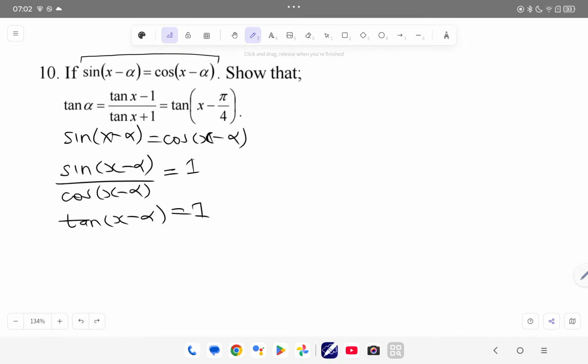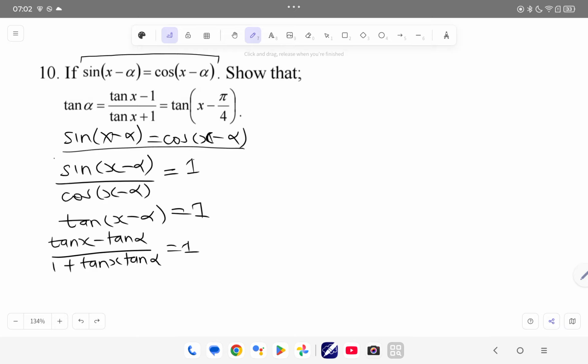Note that here I've taken one approach. Another one can first move from this step and expand in terms of the formulae for sin and cos, then proceed differently. Now I have got this, I can now expand. I will have tan x minus tan alpha out of 1 plus tan x tan alpha, sorry, is equal to 1.